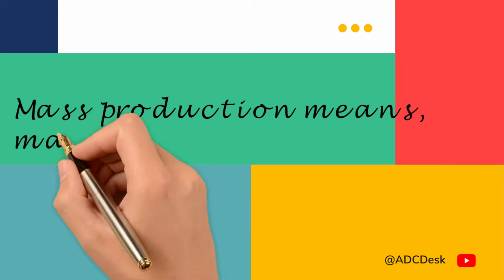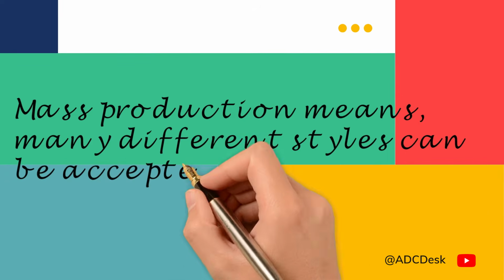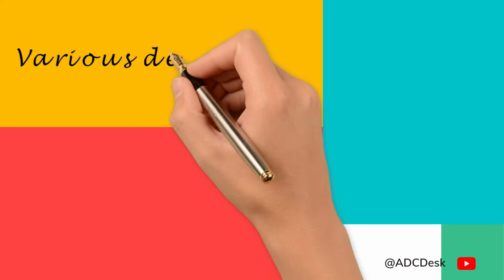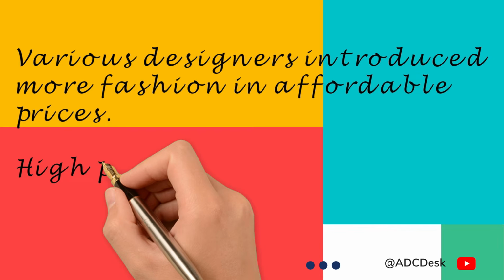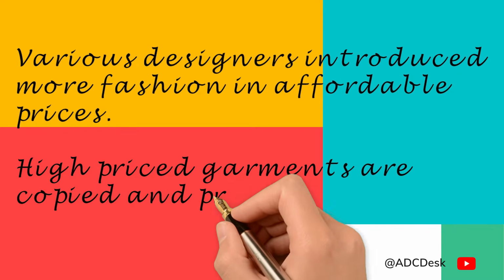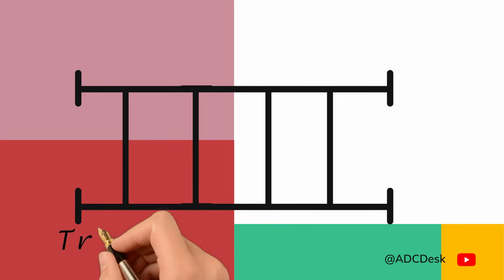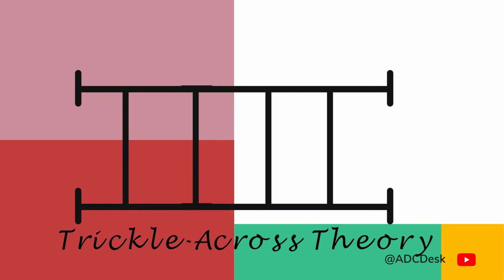Mass production means that many different styles can be accepted at the same time. Various designers introduce new fashion in affordable prices. High-priced garment styles are copied and produced in masses. As you can see in this graph, the fashion is being introduced and it is equally divided in each segment or in each socio-economic group.